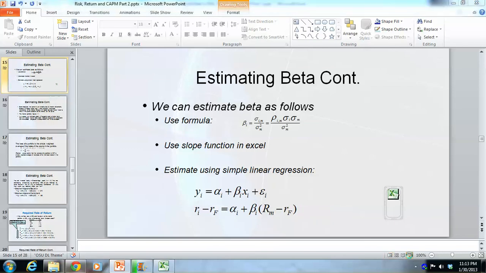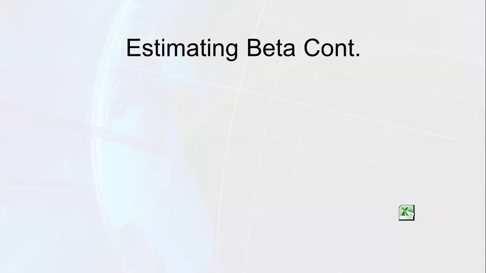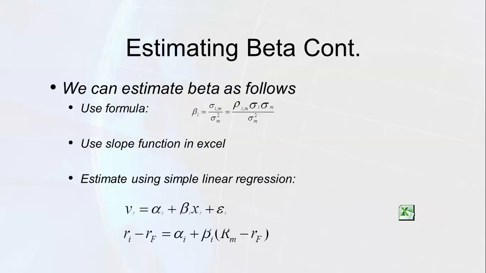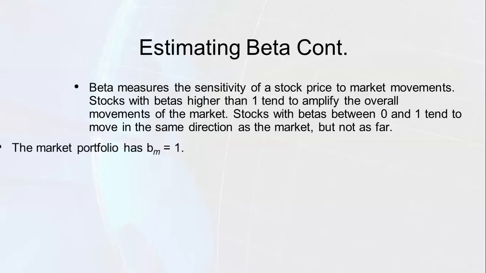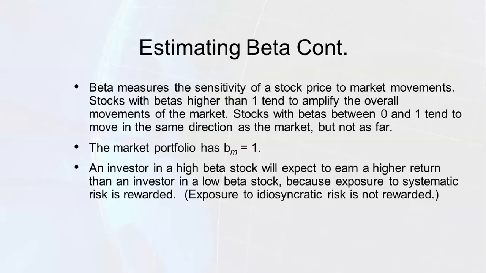Okay. So now the beta, basically if it equals 1, then the security is as risky as the market.